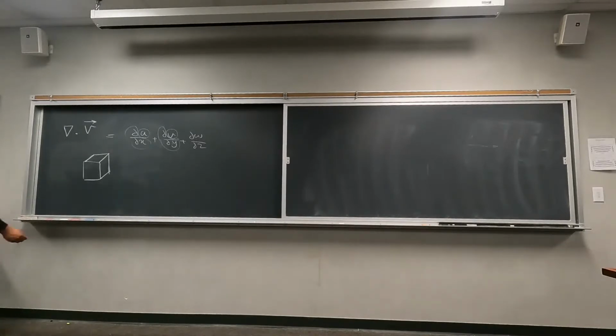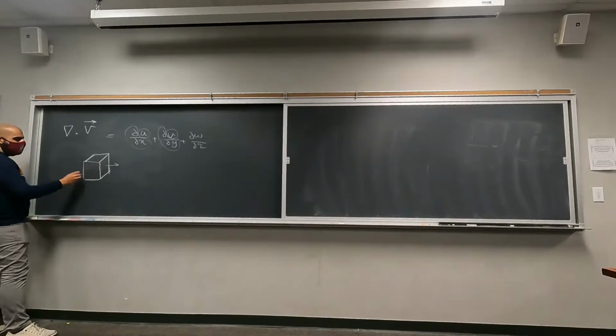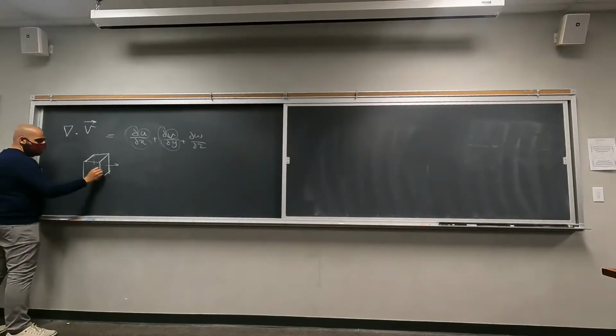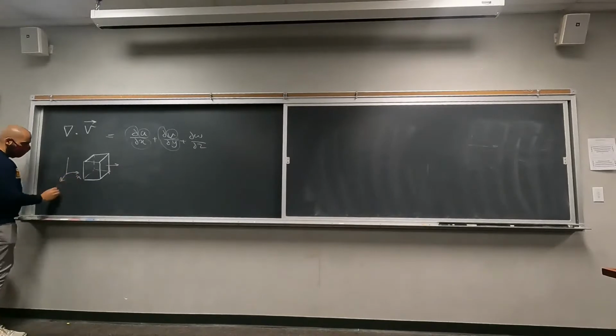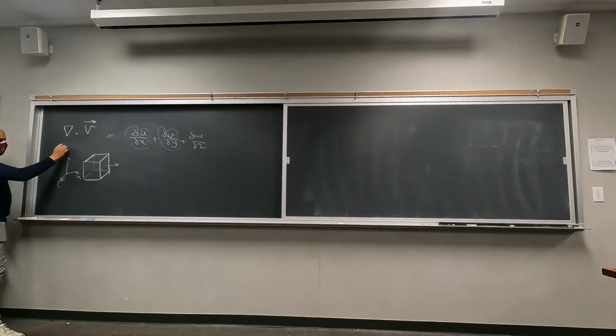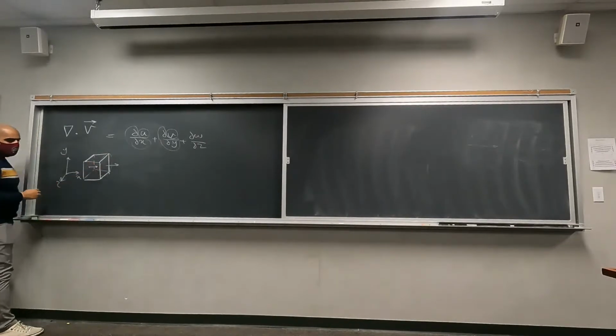This essentially means that for this specific fluid element, the velocity of this surface, let's say this is x, z, y, the velocity of this surface is going to be different than the velocity of this surface.